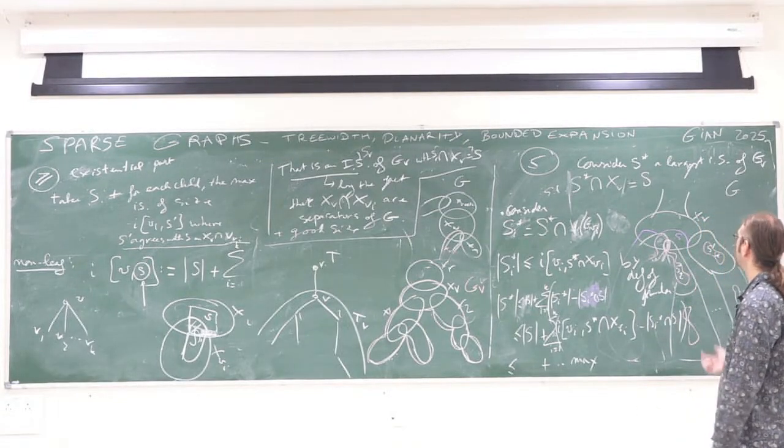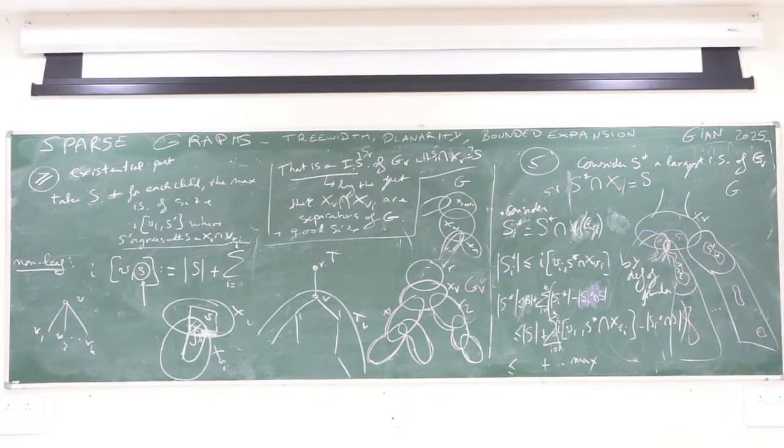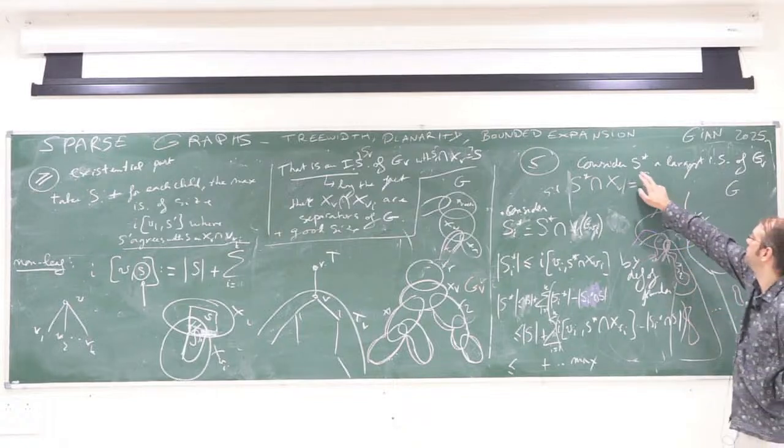Well, I just called it S star. SV was just kind of a notation in the definition. Actually, SV was not a very good notation because I was iterating over all the possible S sets. But here I'm taking one optimal one and applying it.